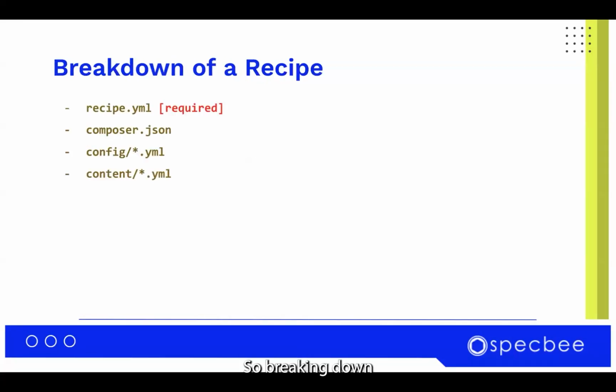So, breaking down a recipe, the different files that you require for having a recipe: the main file is a recipe.yml file. It is where you define the metadata of a recipe. What is the name of the recipe? What is the description of it? And apart from that, you can have different configurations. For example, if there is any dependent recipe that needs to be run before your recipe is applied, you can define those.